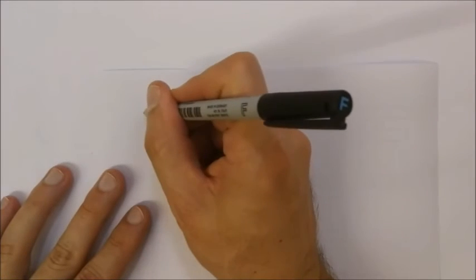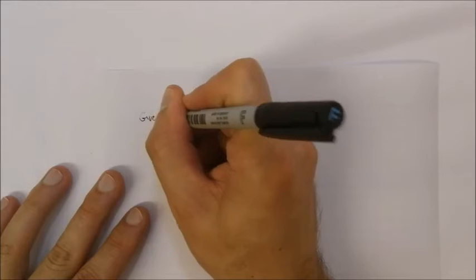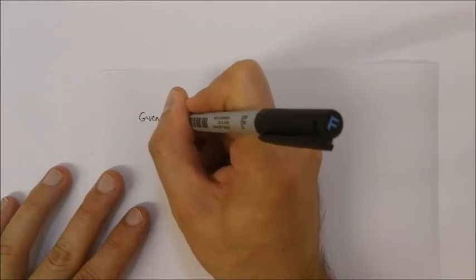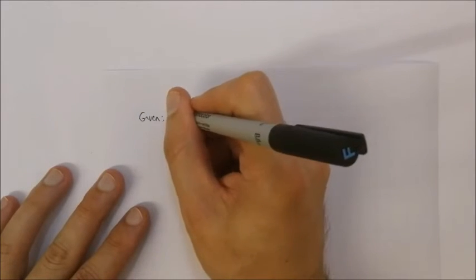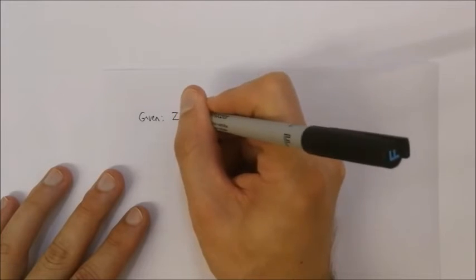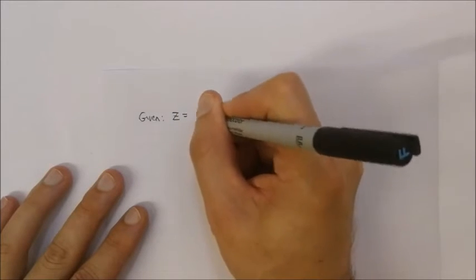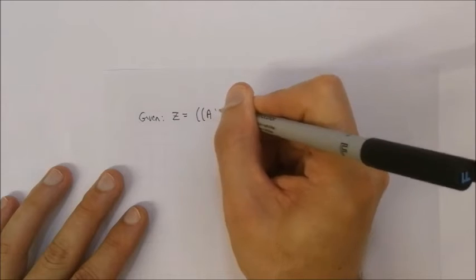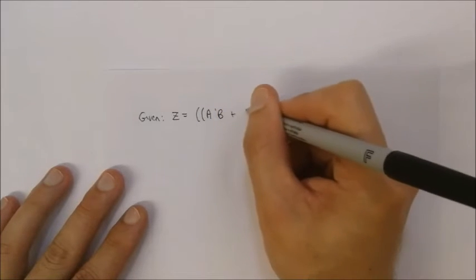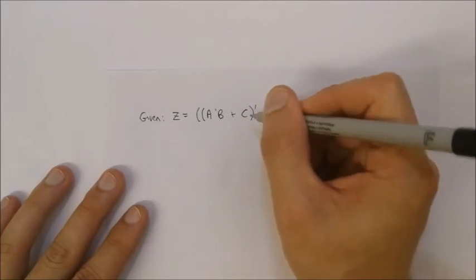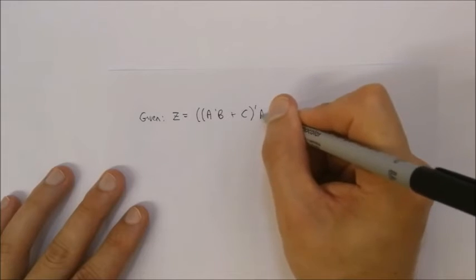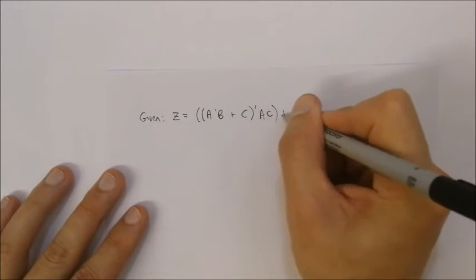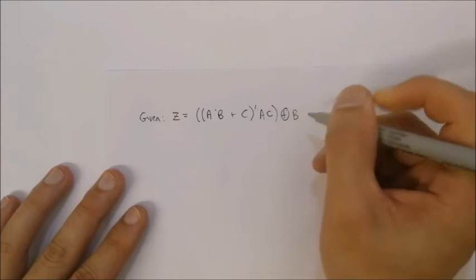So now, in this example, you are given the expression, which is z is equal to NOT (a NOT b plus c), multiplied by ac, and that's all XORed with b.